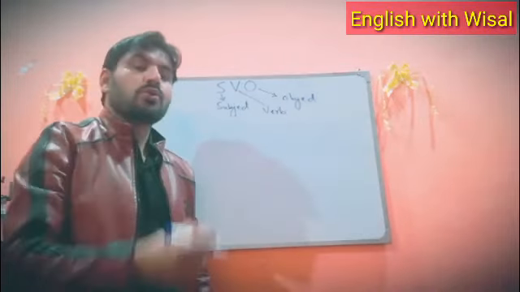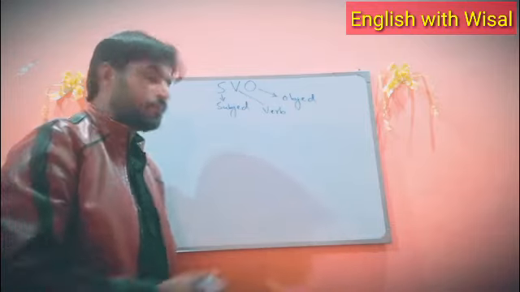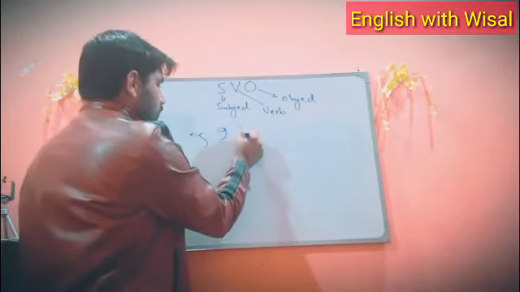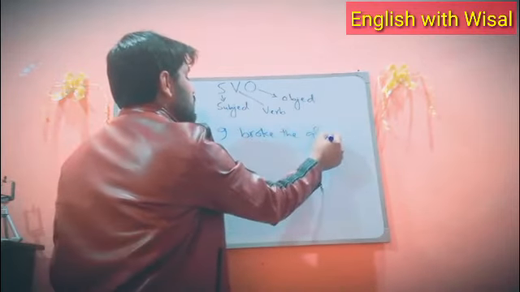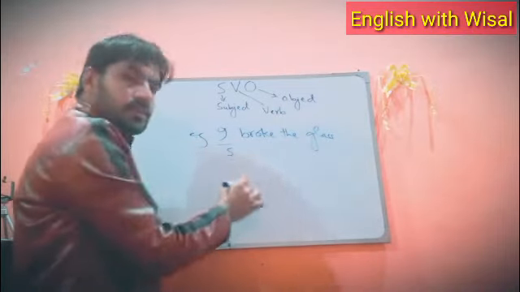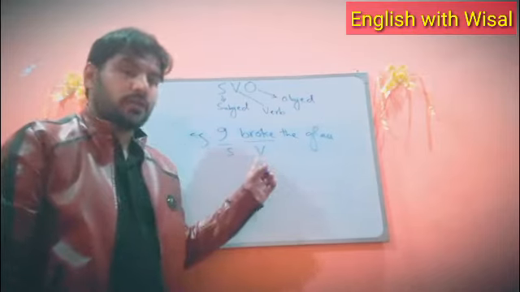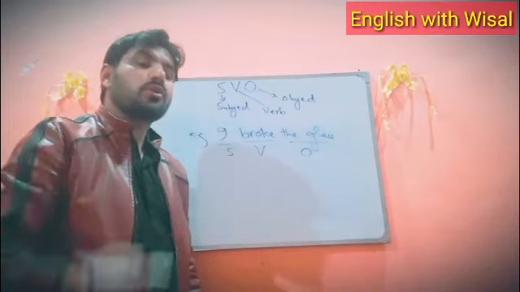So object is the receiver of an action. For example, I say, I broke the glass. In this sentence, I is the subject, broke is the verb, which is the second form of break, and the glass is the object. Why do we call it object?